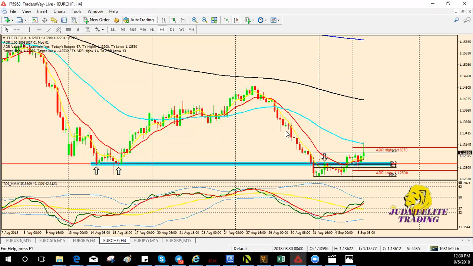Once you understand financial markets and price action, if it's in an uptrend, it's not just going to continue going up. It's going to do a slight retracement each time, doing higher lows, and then continue in the uptrend.